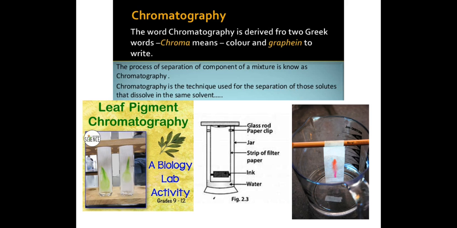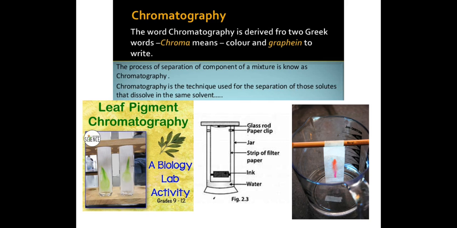Similarly, here I have shown leaf pigment chromatography. As you know, leaves contain chlorophyll pigment, and not only chlorophyll, they have some other pigments also. So you can use this technique to see these pigments. Both activities you can do at home. In leaf pigment chromatography, you simply take a leaf, crush it and keep it in isopropyl alcohol for some time, let's say half an hour.